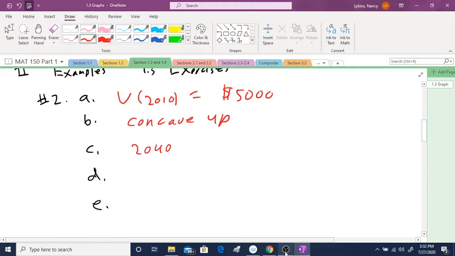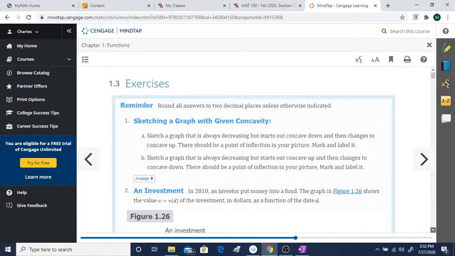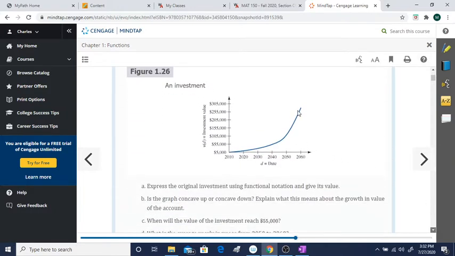Now, going back to the book right here, what is the average increase from 2050 to 2060? Well, if I look at 2050, it looks like it's roughly at 100,000. And the 2060, if I go right up here, I think it's going to be hitting, it's almost splitting it.